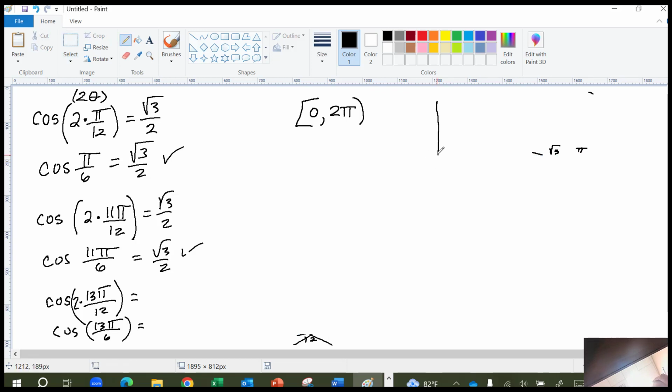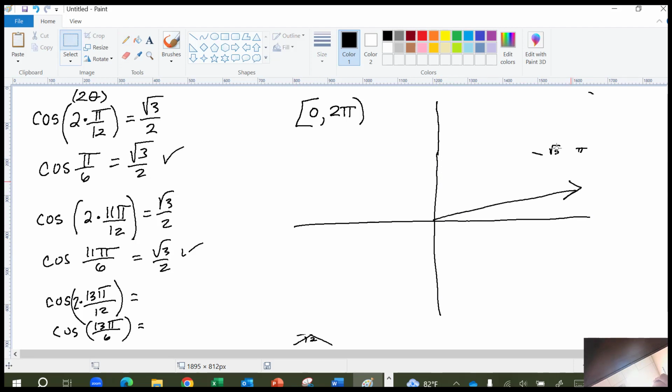So we got a pi over 6. Okay. Now we've got to divide our unit circle into 6s. So look, 1, 2, see, pi over 6, that's pi over 4, this is 3 pi over 6, right? And then 4 pi over 6 is right here. And then 5 pi over 6 is right here. And 6 pi over 6 is right here.